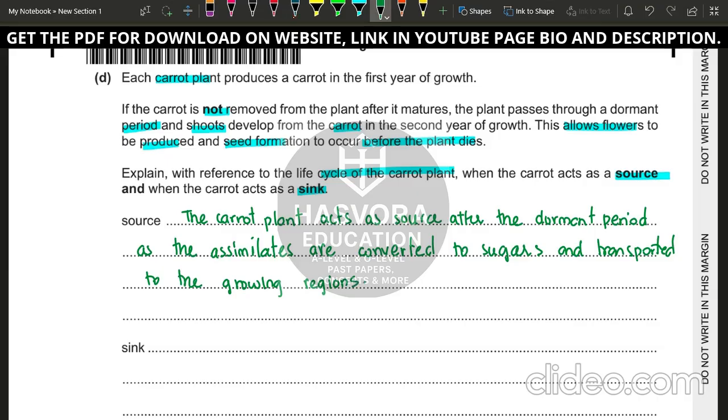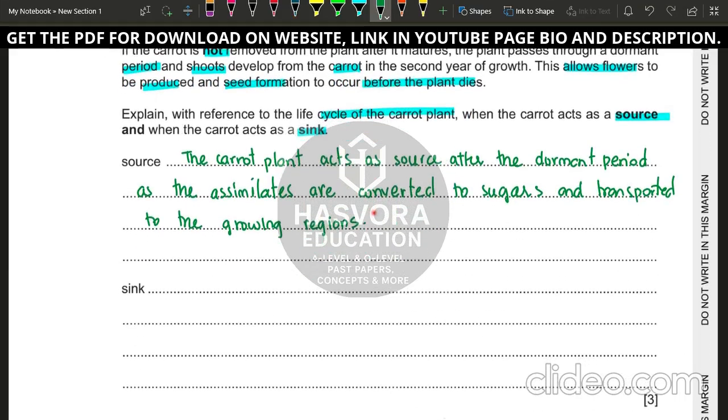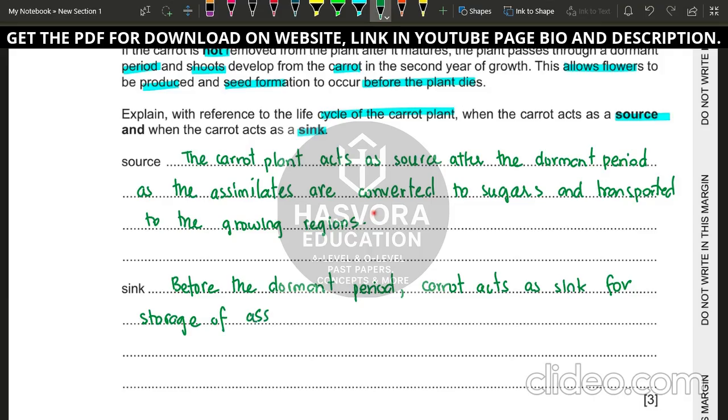Then let's come on to the sink. So it behaves as a sink before the dormant period when it is growing. So before the dormant period, carrot acts as sink for storage of assimilates.